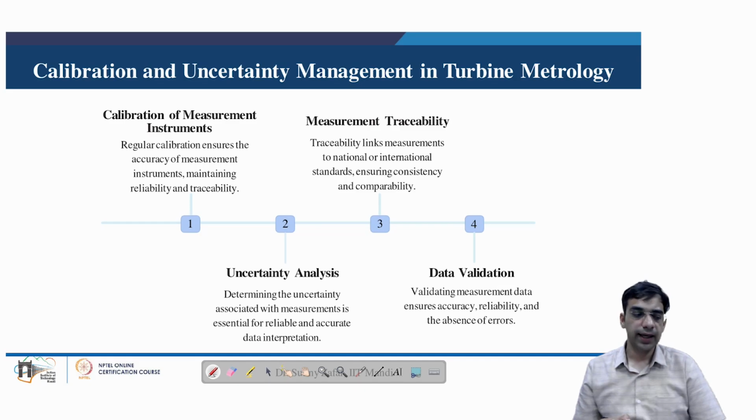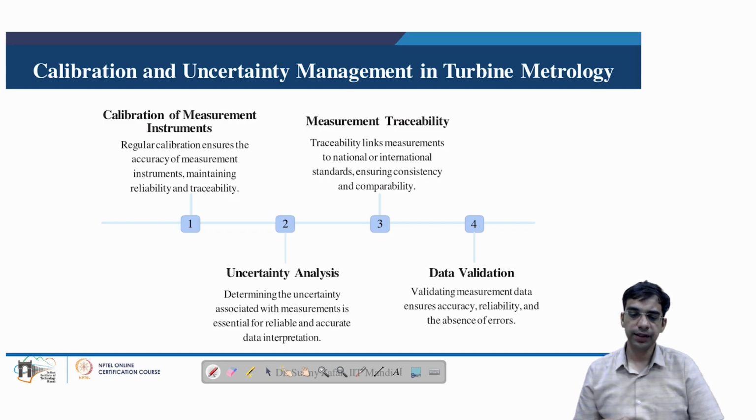Next, we look at calibration and uncertainty management in turbine metrology. Calibration of measuring instruments is very important because regular calibration ensures accuracy of measuring instruments, maintaining their reliability and traceability. Uncertainty analysis is the next important criterion, which determines the uncertainty associated with measurements, essential for accurate data interpretation.